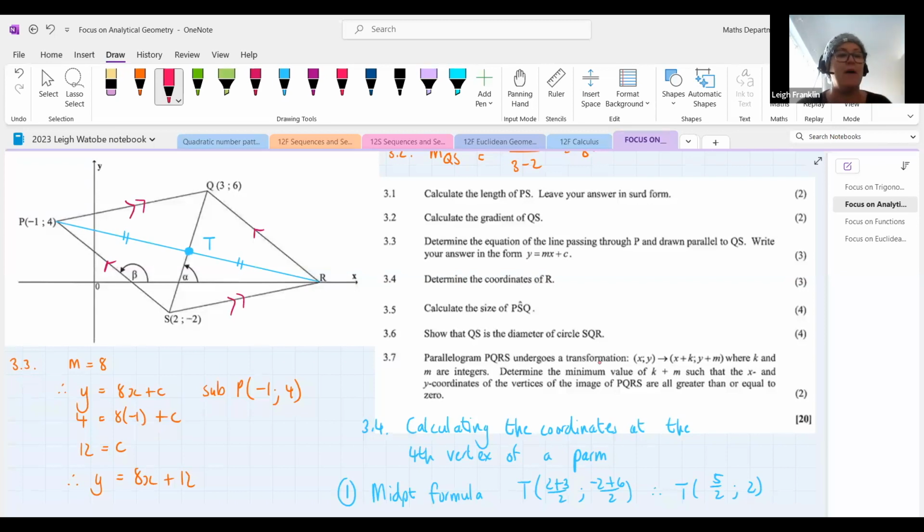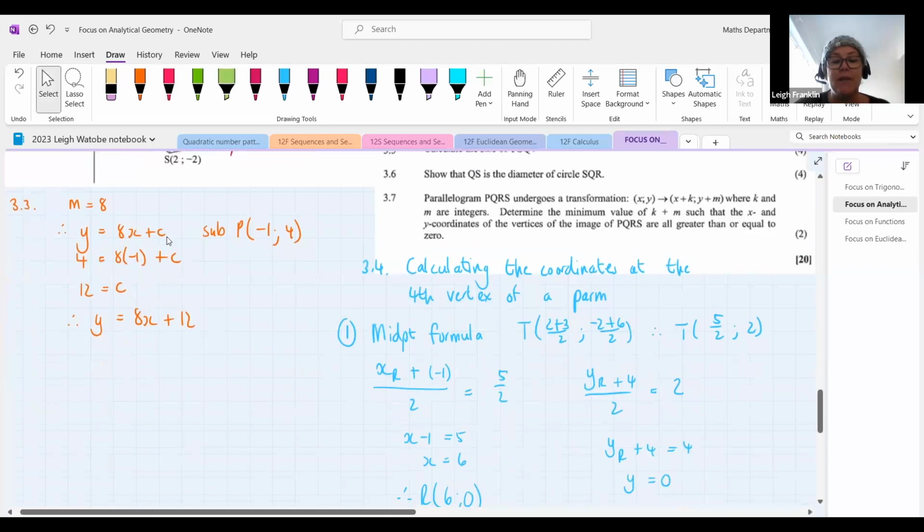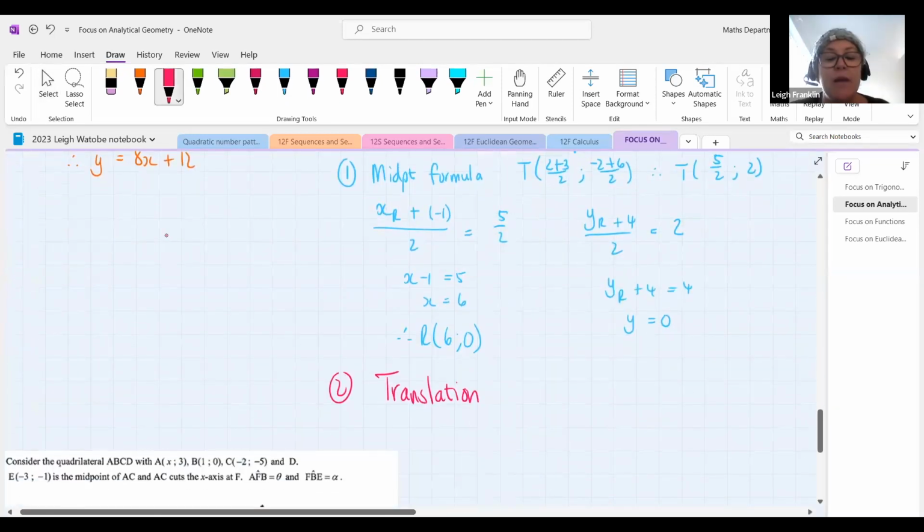Both are fine. So let's say I decide I want to go from P to Q. All right. So I would say P maps onto Q according to the following translation.